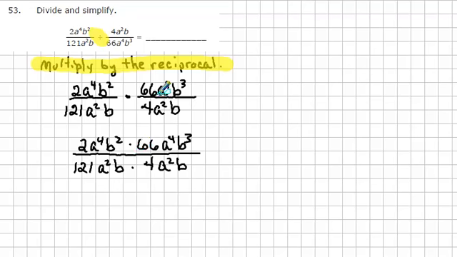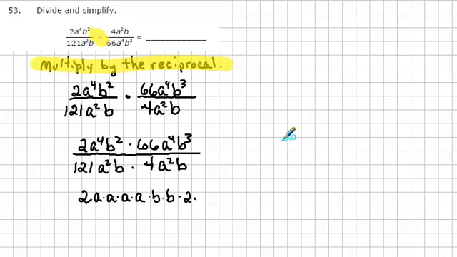So on the top we have 2 multiplied by a to the fourth, which is a times a times a times a, times b squared, which is b times b, times 66. Well, 66 is 6 times 11, and 6 is 2 times 3.